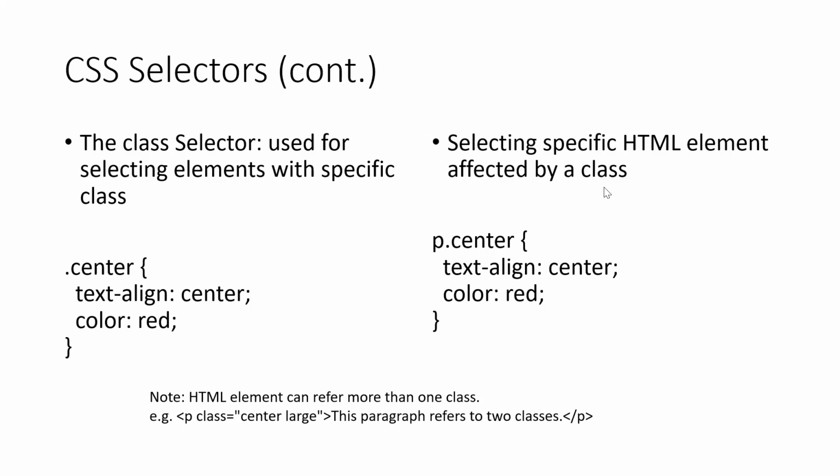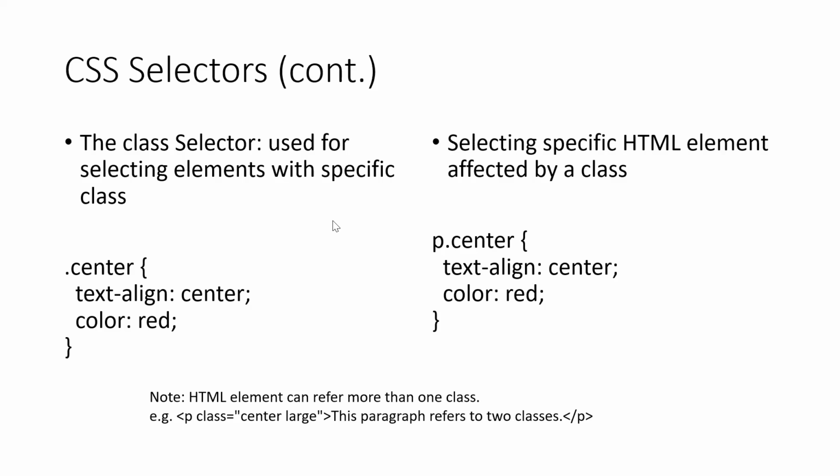But if you want to select a particular element which affects the class, then for example, we can say p.center, which will affect the paragraphs, right? Where you have the class center. So that we can actually change. So make sure that the very first thing is you need to understand how you are going to select.